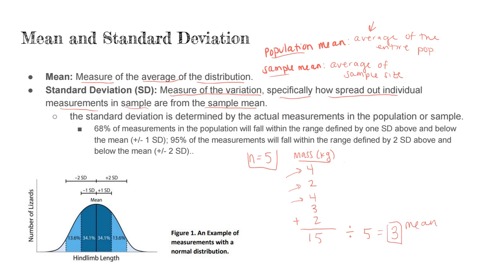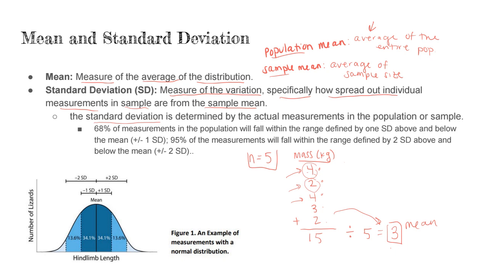What standard deviation tells us, when you get this calculation, which we're not going to do in full because the computer's doing it for us and it's kind of long, you'll see that later, is how spread out these individual measurements are from the mean. So if my mean is 3, you can see there's a difference between this measurement and 3, and there's a difference here.